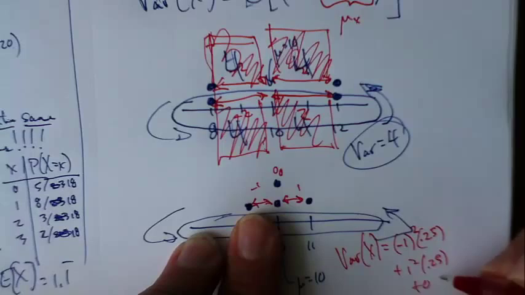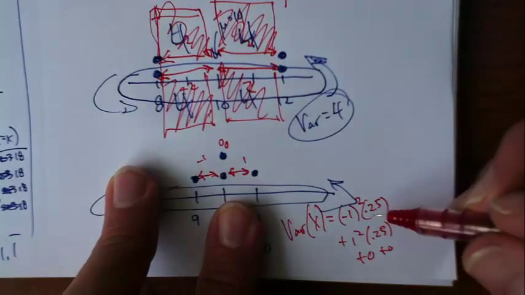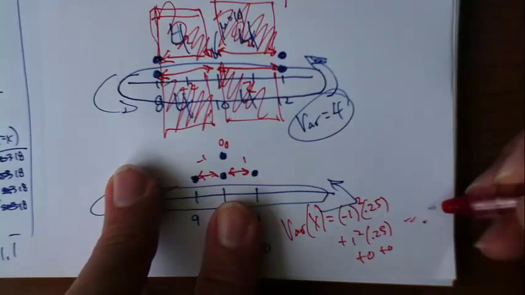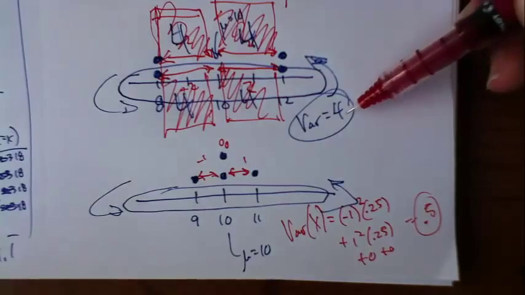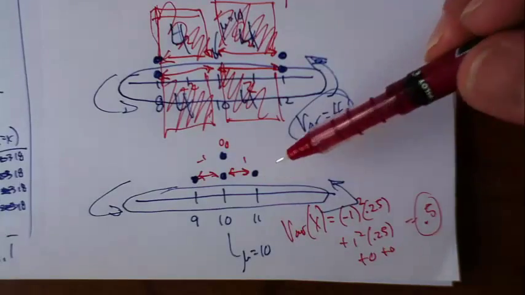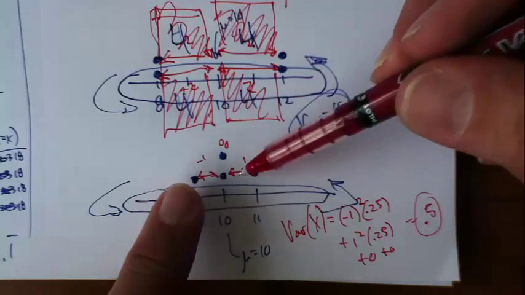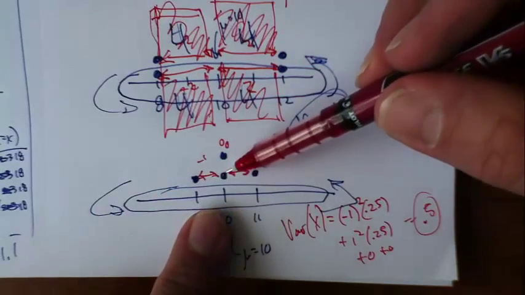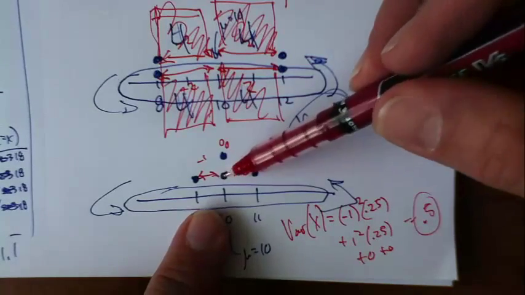So it's a quarter plus a quarter. It's a half. Half is a lot less than 4, isn't it? So the variance is an attempt to measure how spread out the values are in a distribution from the mean, specifically from the mean. Okay. So that's what the variance is about.